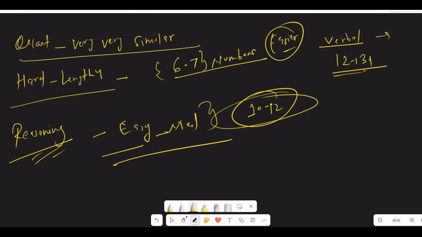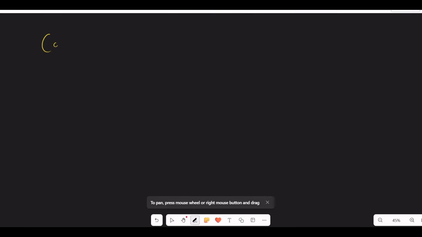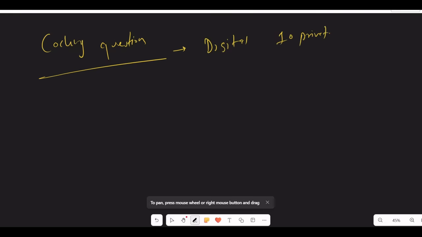For coding questions, the first coding question was doable, and many students, I think, will be passing the test cases in that. Also, you can tell in the comment section how many test cases you passed.